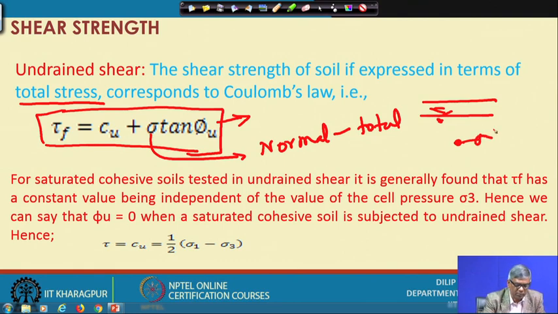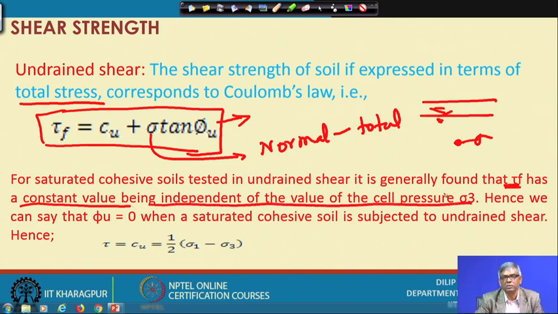And for saturated cohesive soil tested in undrained shear, it is generally found that tau F has a constant value and is independent of the value of the cell pressure.